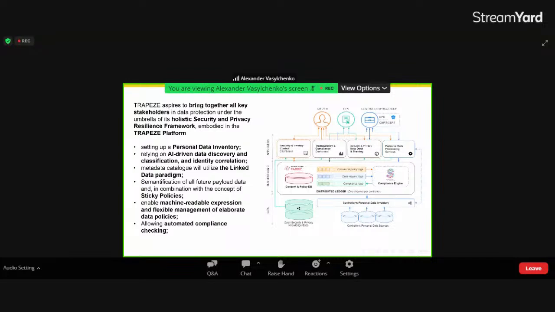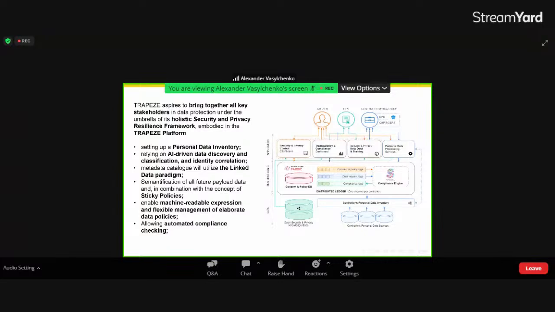And it was originally proposed in the Prime project and also then further developed in the Special project. And therefore, you see on the right-hand side, Special compliance engine, which we now take on to develop further in the Trapeze platform in the Trapeze project.